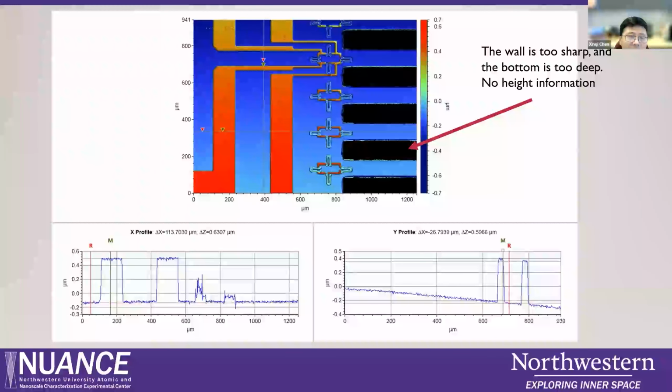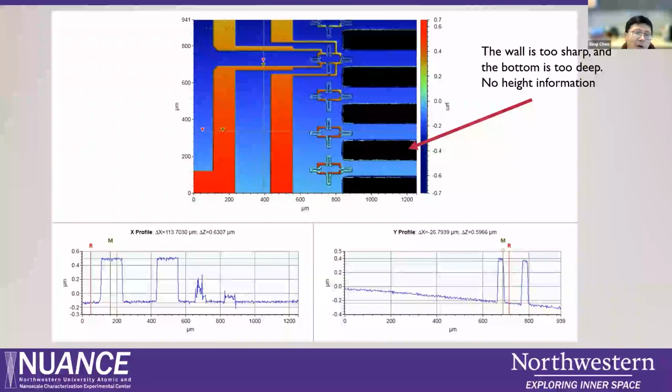And this one, this view on the left is quite normal. You see here, you can get a line profile. On the right, you can see that is a dark area. On the dark area, there is no height information. So why is there no height information? For an optical profilometer, that is very common.